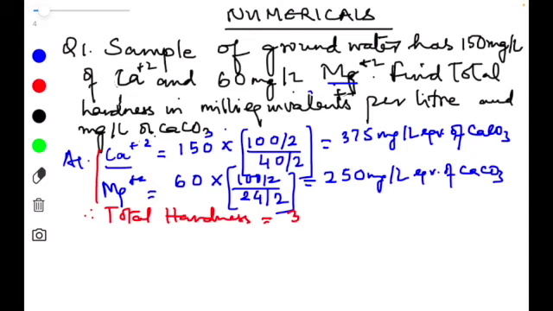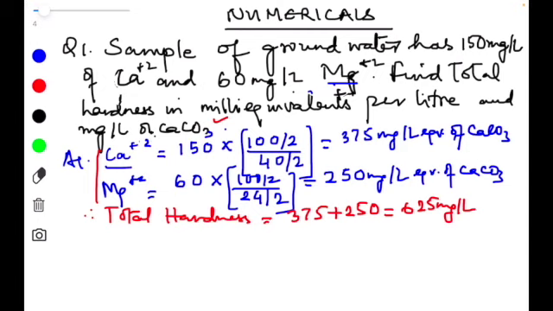So it is equal to 375 plus 250. That comes out to be 625 milligrams per liter or 625 ppm. Now this is the total hardness in milligrams per liter. Okay, which is actually milligrams per liter of calcium carbonate.